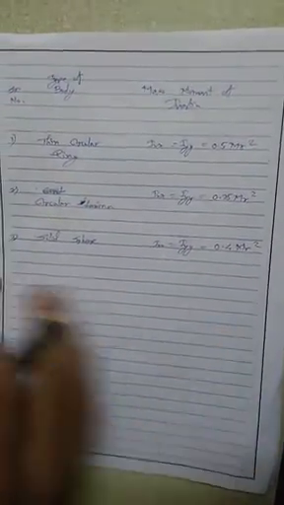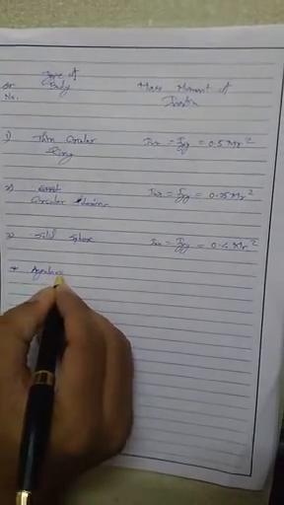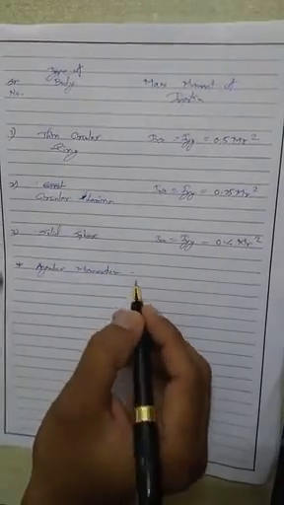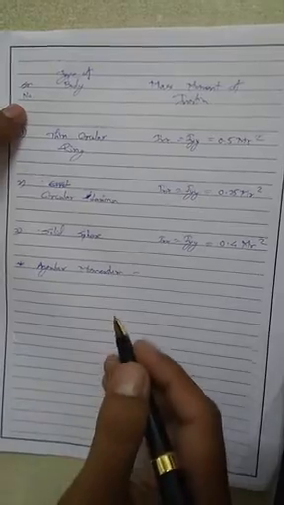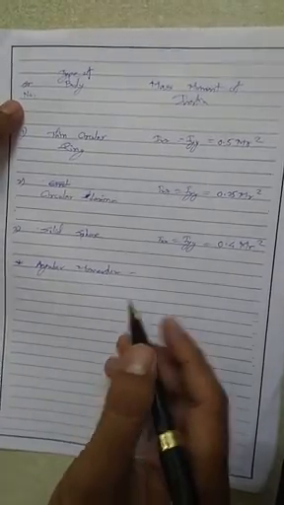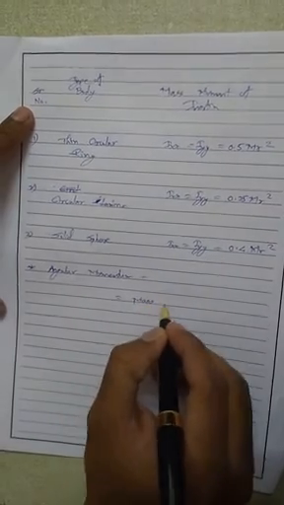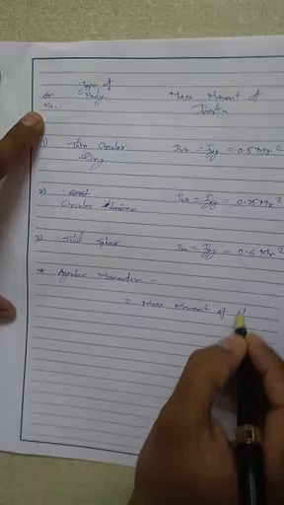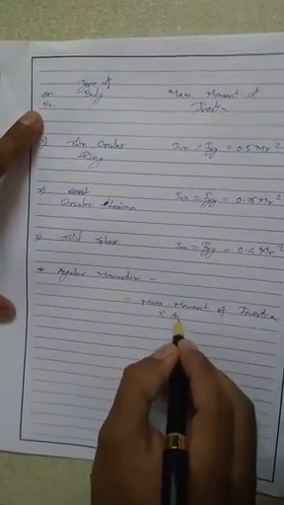Okay, the next point is angular momentum. Angular momentum is the total motion possessed by the body when the body is in rotation or rotary motion. So that will be the mass moment of inertia multiplied by the angular velocity.